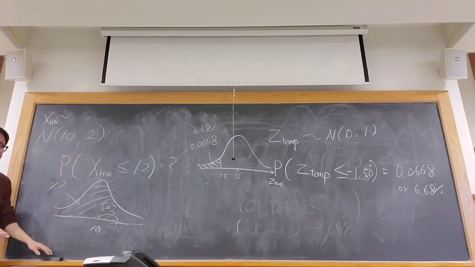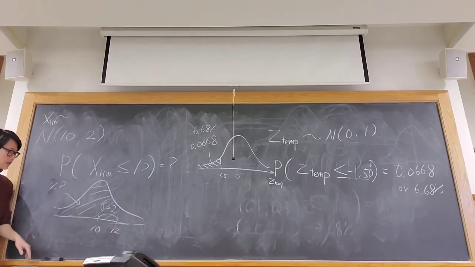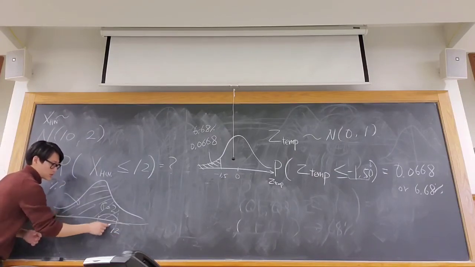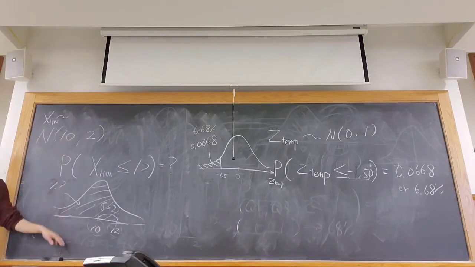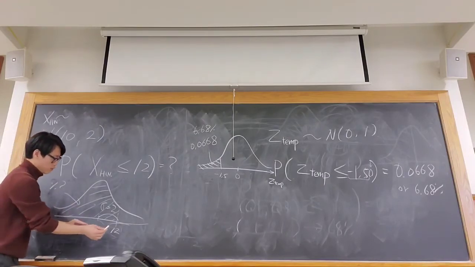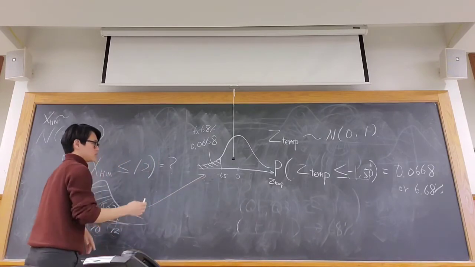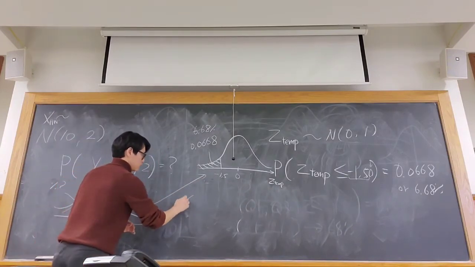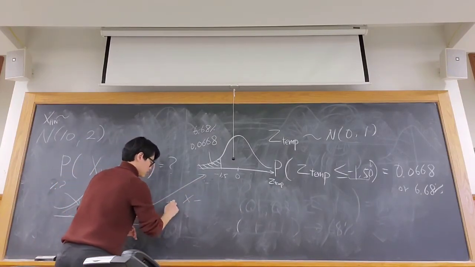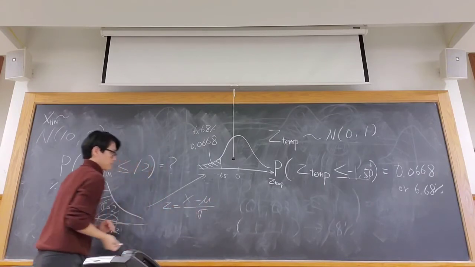So what I want to do is convert these two numbers, 10 and 12, into the standard normal scale using the standardization formula, which is z equal to x minus mu divided by sigma, okay?